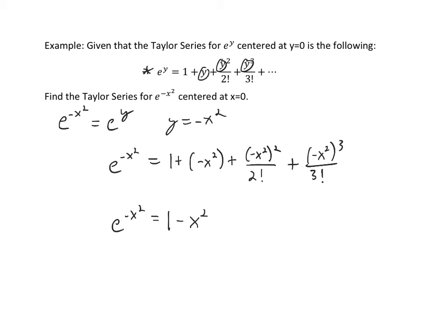A negative x squared, squared, would actually be a positive x to the 4th over 2 factorial, which is 2. The next one, a negative times a negative times a negative gives me negative x to the 6th over 3 factorial, which is 6, and on and on. We could continue that pattern. So if you know some simple one, like e to the y, and you had e to the negative x squared, you could replace all those y's with the negative x squared. So that's one way to quickly come up with the Taylor series.